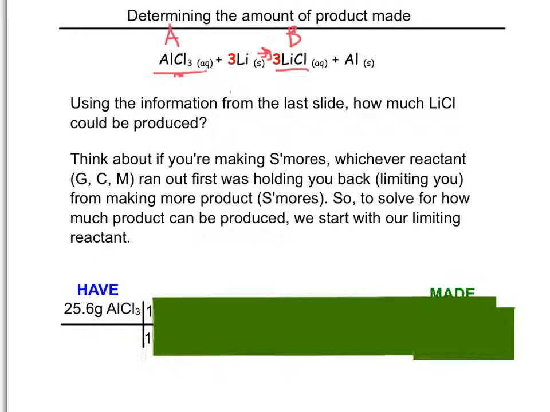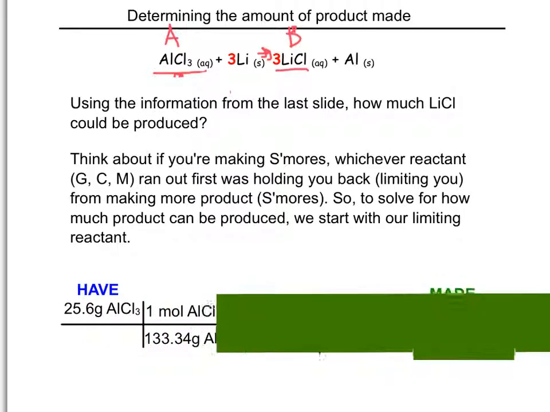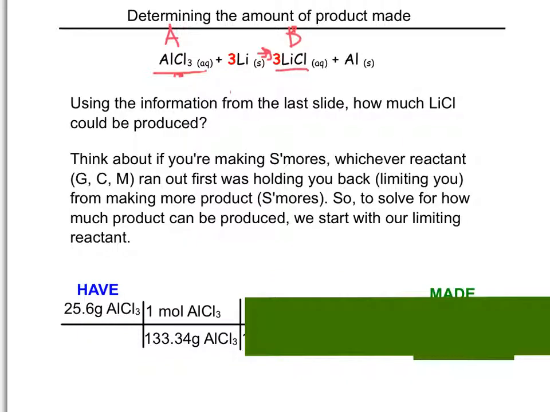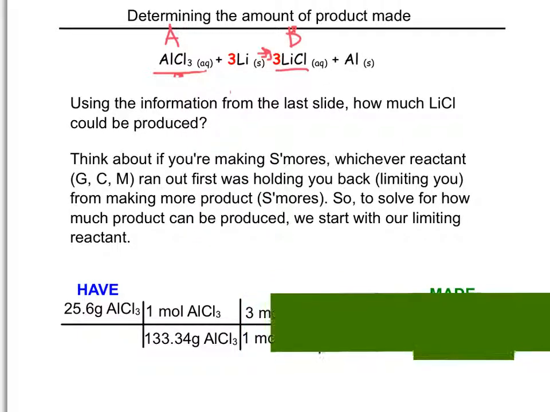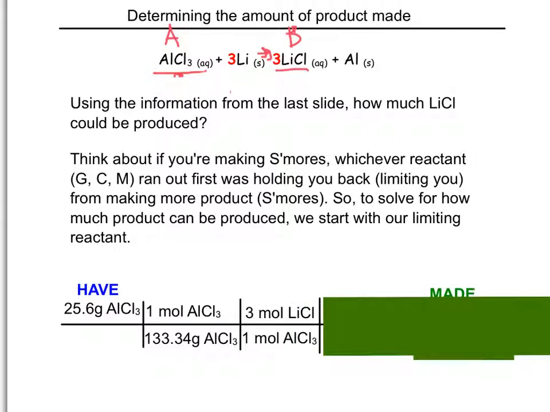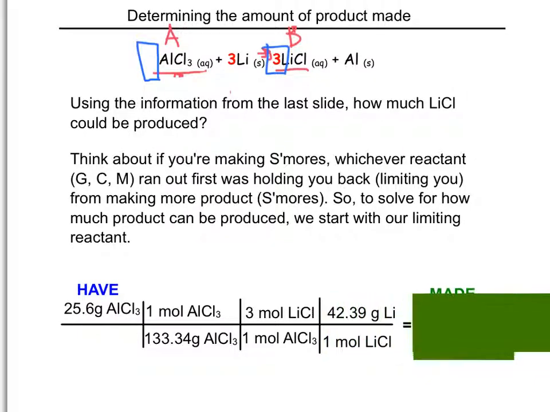So in this case, I start with my 25.6 grams of aluminum chloride, and we just follow all the same steps. Step 1, we look at our periodic table, so it's that 133.34 grams of aluminum chloride per 1 mole. We look at our mole-to-mole ratio, which in this case is still 1 mole of aluminum chloride per 3 moles of lithium chloride. And then our last step, we look at 1 mole of lithium chloride per 42.39 grams.